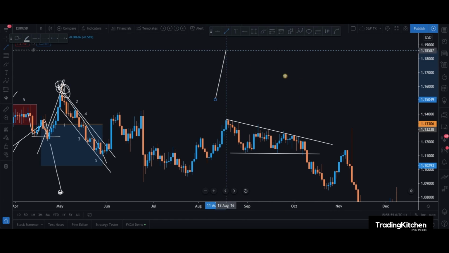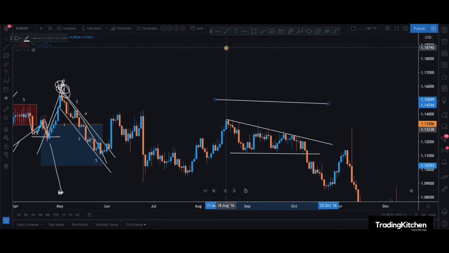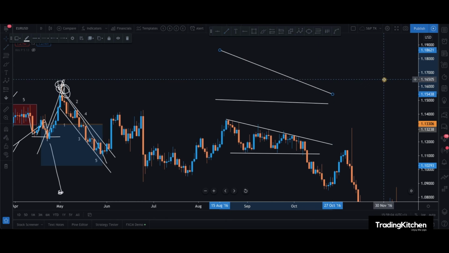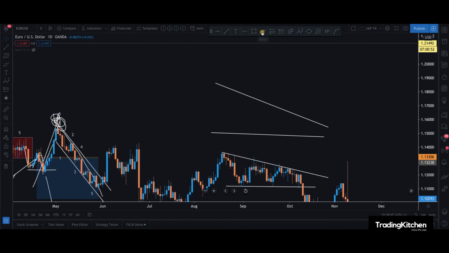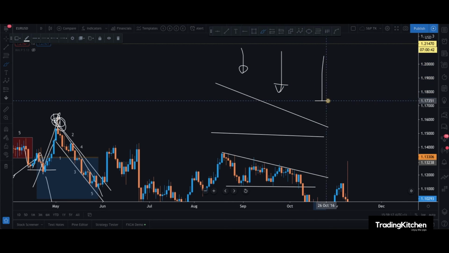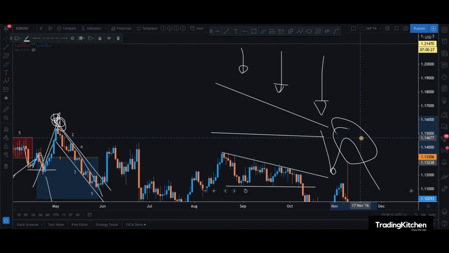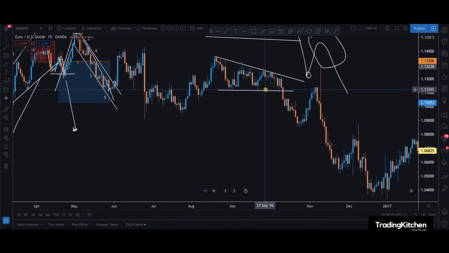Okay, when you see this kind of formation, it means that sellers are very, very powerful, and so their power wants the trend to go down. Okay, so we have to wait for the triangle to be broken and re-enter on the retest.